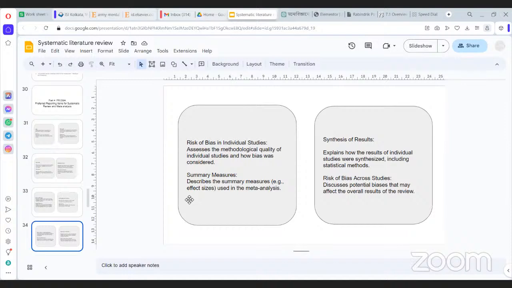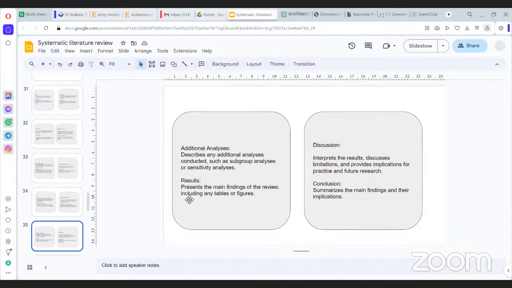Biasness, maybe the sample size, or the specific type of participants, maybe biasness. The entire methodology part. For that reason, we are giving importance to the confidence interval.